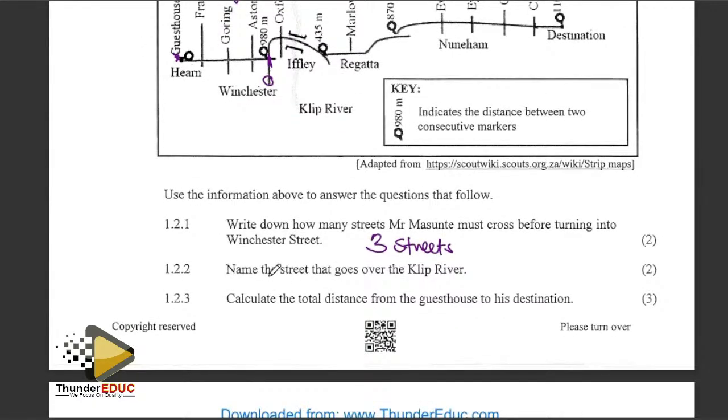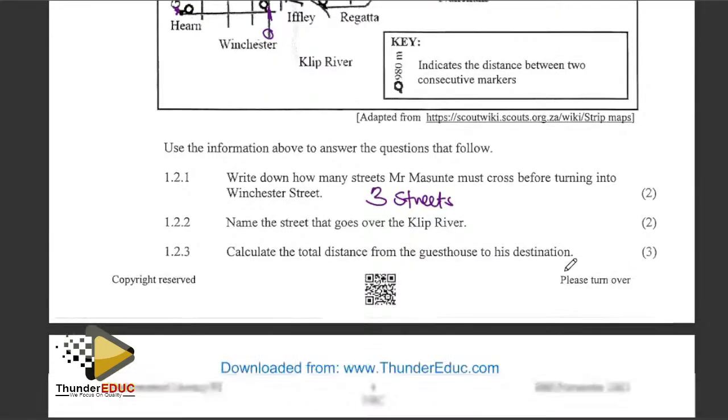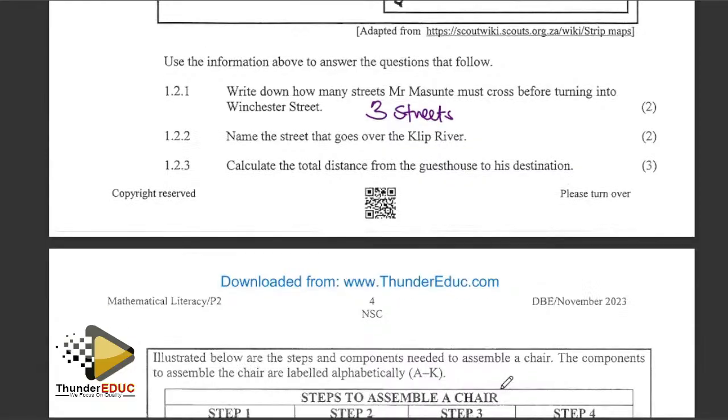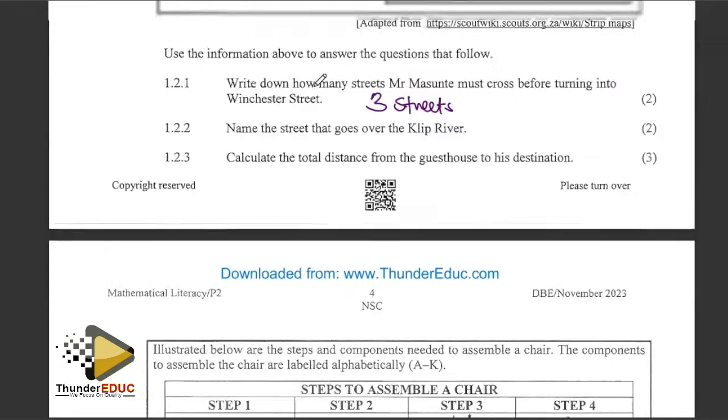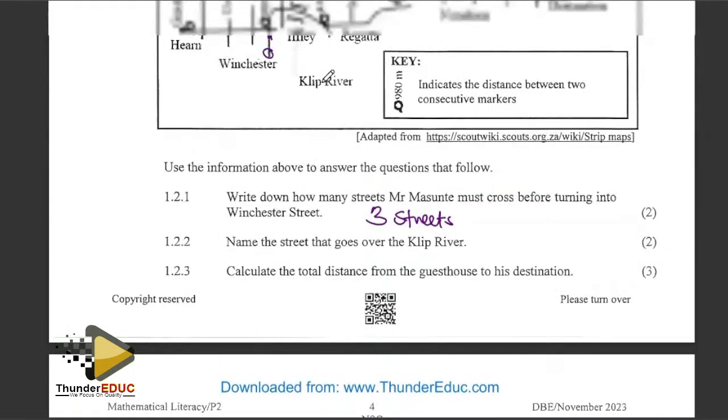Now they go on and we say, all right, there we go. Name the street that goes over the Lippe River. We have the street that goes over. Let's look at the next year.